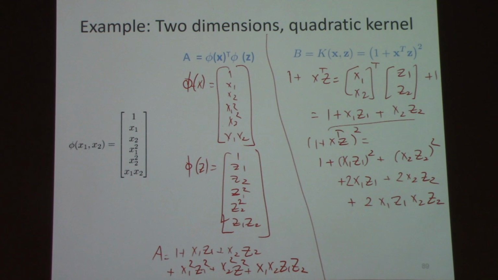Instead of that, I did not blow up anything, I just computed the dot product in the original space. And with this little trick, I was able to compute the value of the dot product in the higher dimensional space. This trick is called the kernel trick. The kernel trick is a computational trick for finding the value of a dot product in a higher dimensional space using operations that are only in the lower dimensional space.